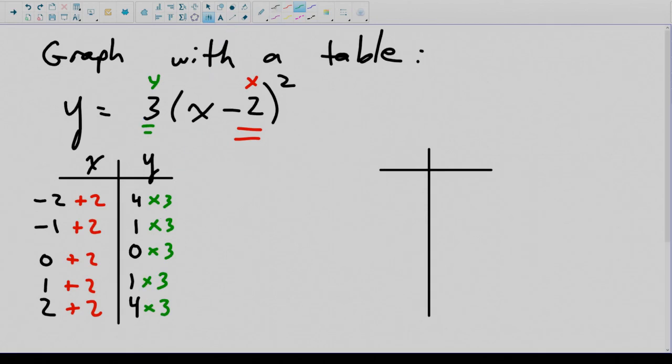And now I'm just going to write out my new x and y values. So my x values are going to be -2 plus 2, which is 0, -1 plus 2, which is 1, 0 plus 2, which is 2, 1 plus 2, which is 3, 2 plus 2, which is 4. Again, my vertex being this one here.